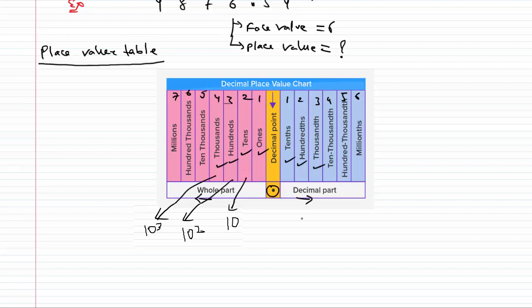Similarly, in the decimal part, each place to the right is base or radix times lesser than the place to its left. That is, as we move from left to right, the place value decreases 10 times with each place.